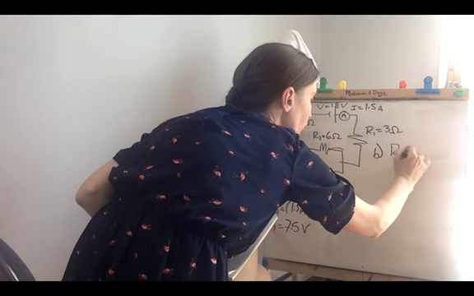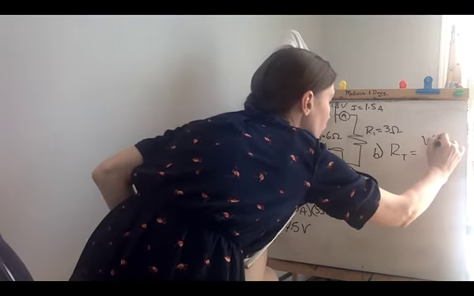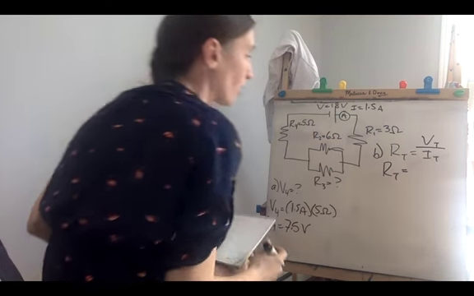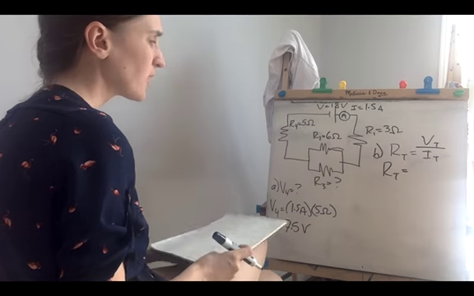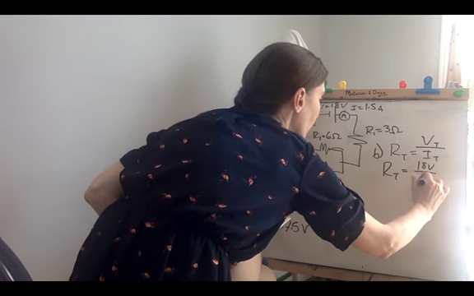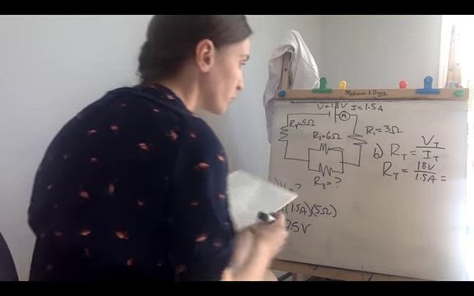So our total resistance is a rearrangement of Ohm's law, the total voltage divided by the total current: 18 volts divided by 1.5 amps, which is 12 ohms.